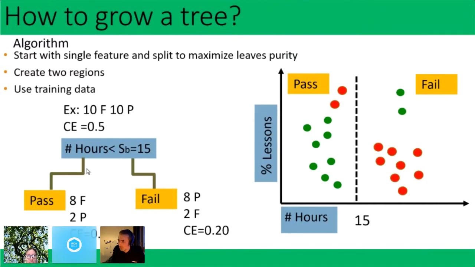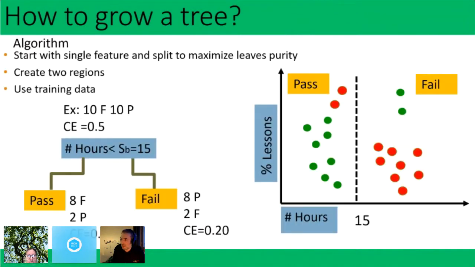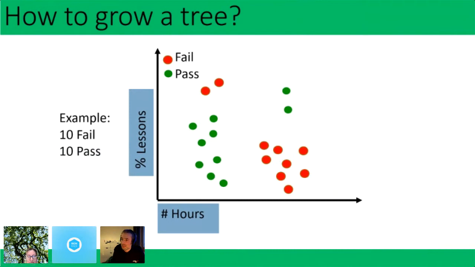It's not perfect, but it's the best that the algorithm can do. And this is how it creates the first split. So we go from a lot of disorder, because here we have 50% fail and 50% pass, and these two areas that the algorithm creates are more ordered than the initial regions.